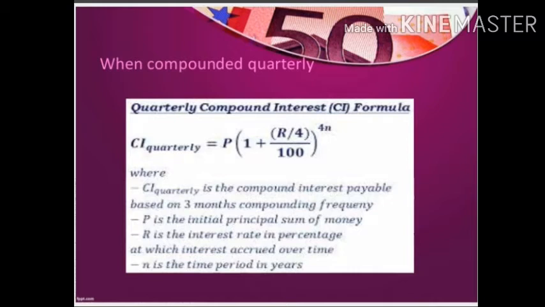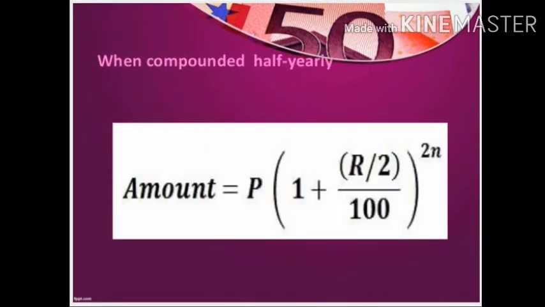P means initial principal, sum of money. R means rate of interest, that is in percentage, at which interest accrues over time. N means time period in years. When half-yearly, the amount is equal to P into (1 plus (R by 2) by 100) whole power 2n.